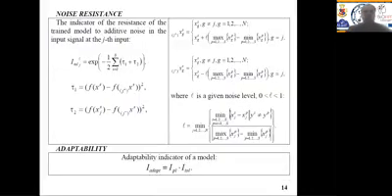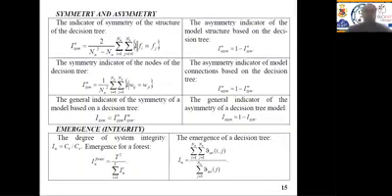The next slide shows you indicators proposed to measure noise resistance and model adaptability. The next slide shows you indicators to measure symmetry and asymmetry, and also indicators to measure emergence and integrity.